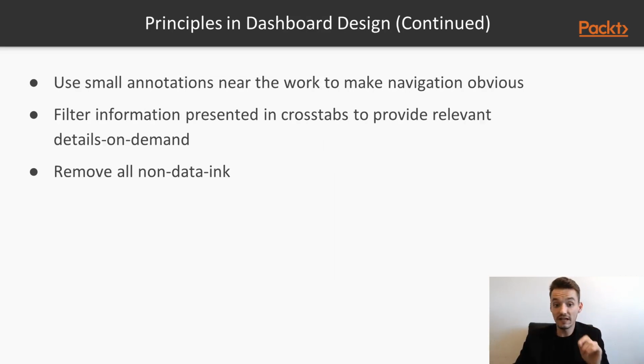Use small annotations near the work to make navigation obvious. Because actions are triggered by selecting elements of your visualizations, they will not be obvious to your audience unless you provide instructions within the dashboard. Placing instructions in the title bar of the worksheet that triggers the action is a good way to remind people of the availability of the action.